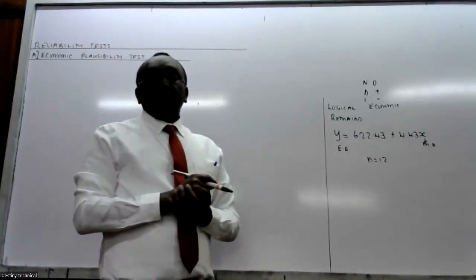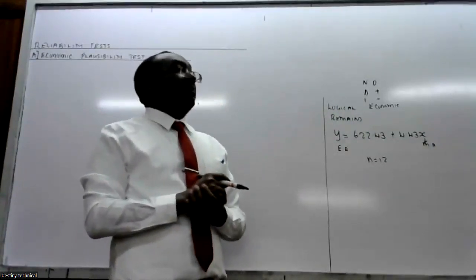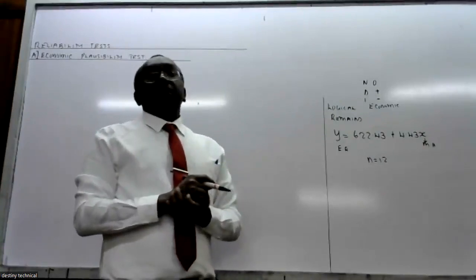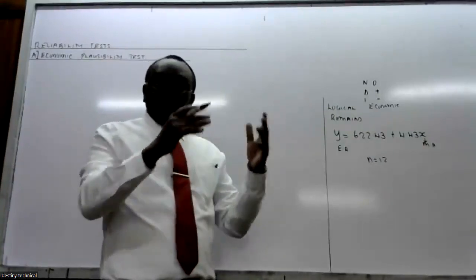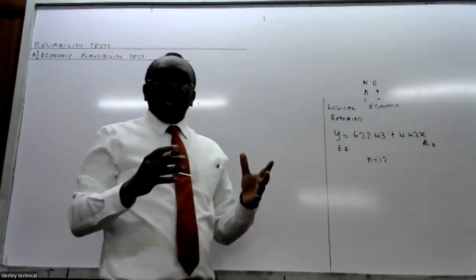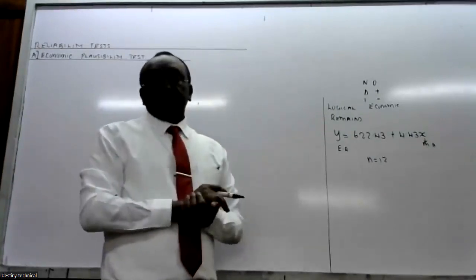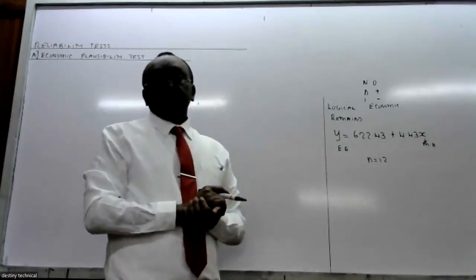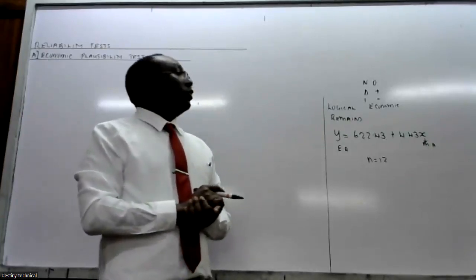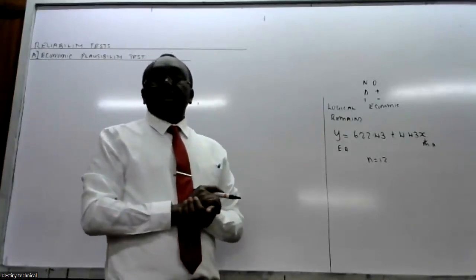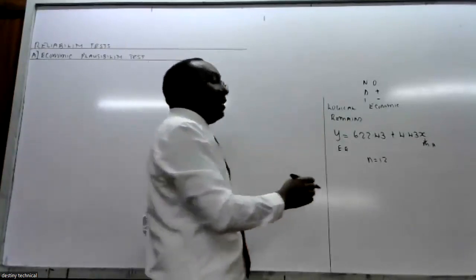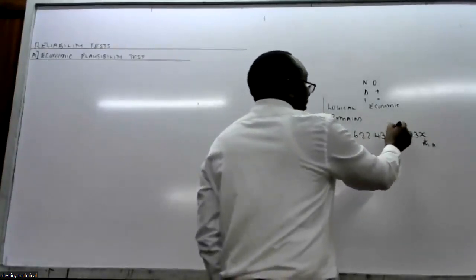I'm asking, if the machine hours are increasing, do you expect the electricity expense to increase also or to come down? To increase. Good. That means we expect a positive relationship. And that is what we can see here.